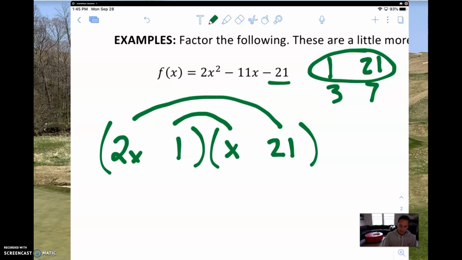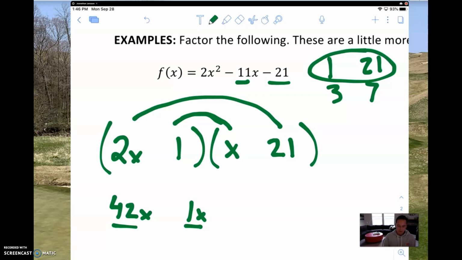So let's start with the outside ones. 2x times 21 is 42x. And if I look at the inside ones, 1 times x, that's just going to be 1x.